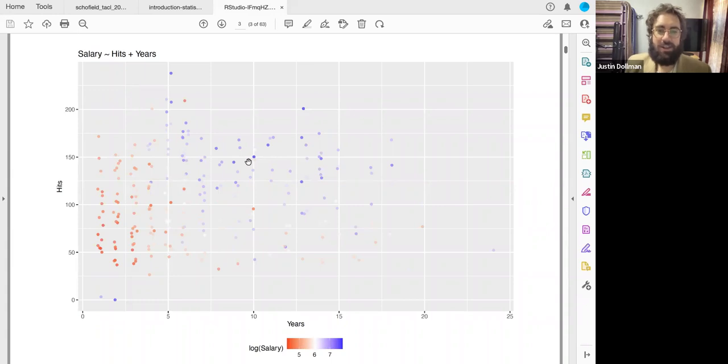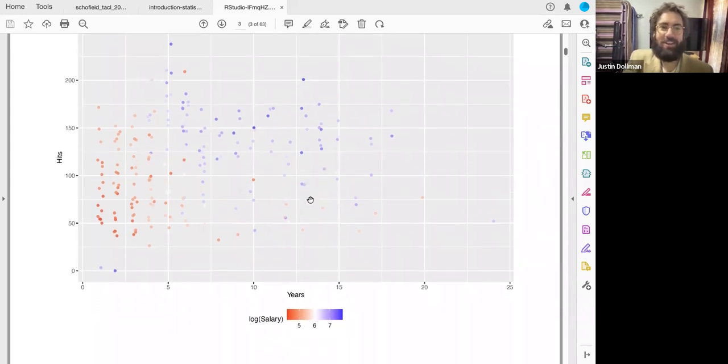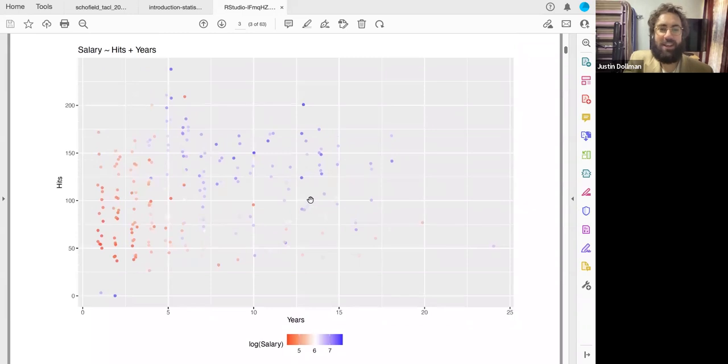The median would be a white dot. Red dots are below the median salary, and blue purplish dots are above the median, and it's been log transformed. American baseball players do not make 6 units of currency a year, in any case, 6 Bitcoin a year, I guess.